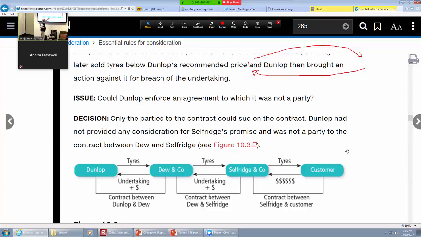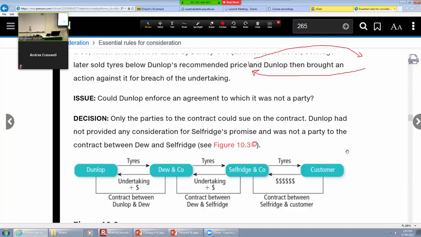No. This undertaking? Yes? And this, no, sorry, no. Which undertaking was it? They broke this undertaking. Who broke this undertaking? Selfridge. It's okay, one step at a time.